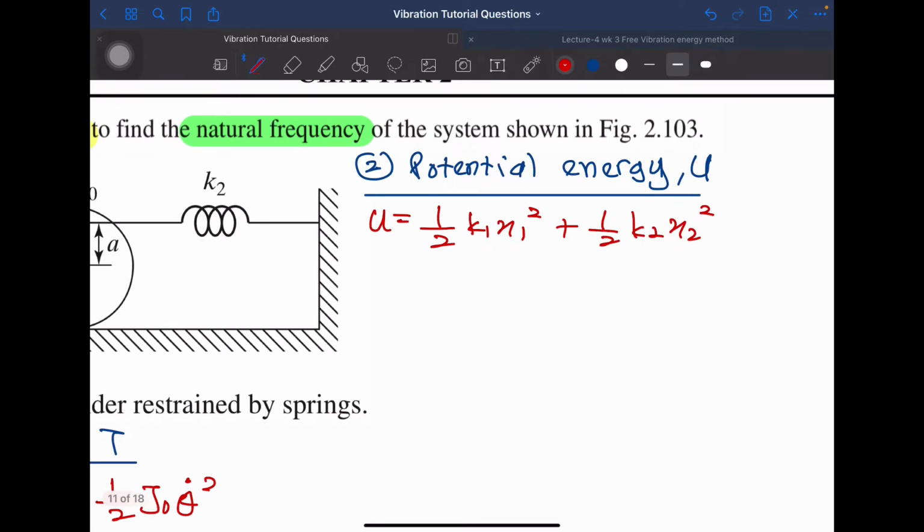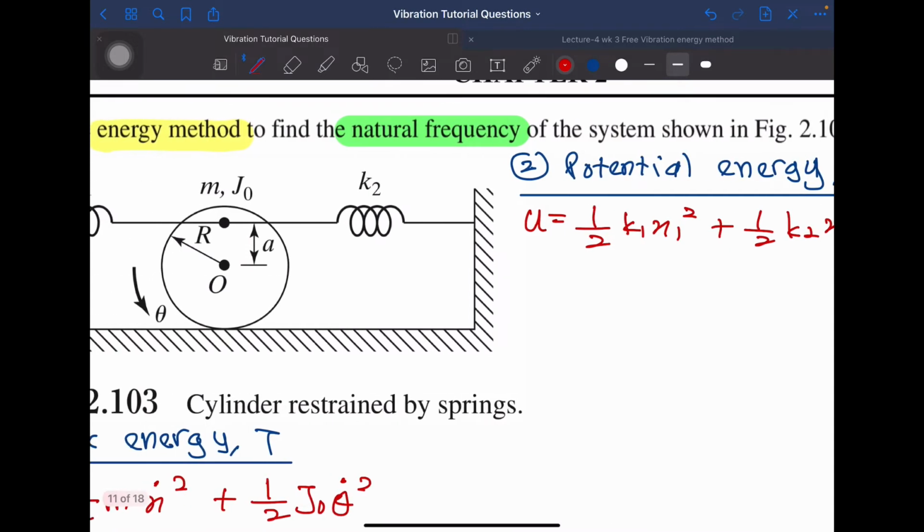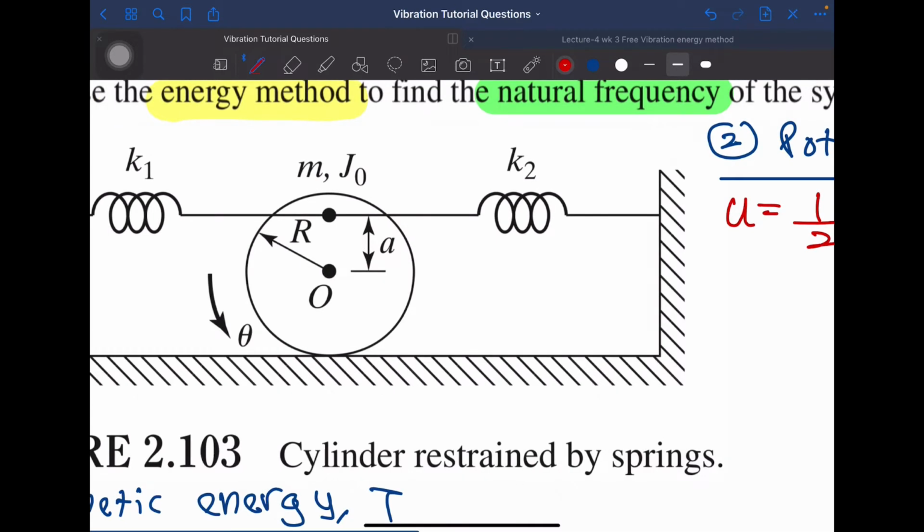But now the x in this formula is the displacement for the springs. As you can see here, both k1 and k2 are situated at the same point on the cylinder block, where the distance from that point to the center of the cylinder is A, and the radius of the cylinder is R. So the total length from that point to the ground is R plus A, right?